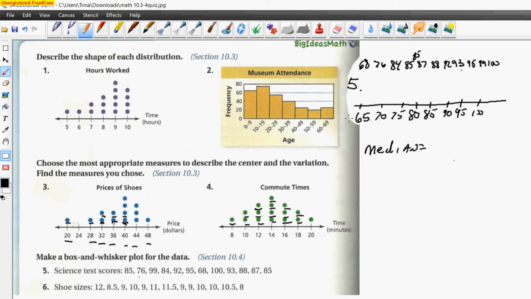The median equals what? You got it. 87.5. If you add 87 and 88 together and then divide them by 2, you come up with 87.5. Okay? Very, very important.